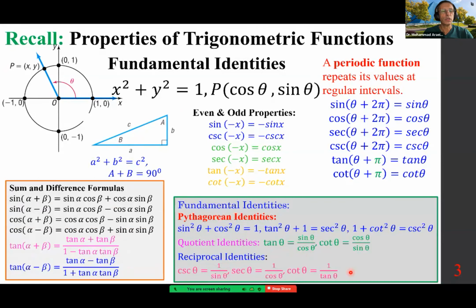Sum and difference formulas are discussed here. Sine of alpha plus beta is sine alpha cosine beta plus cosine alpha sine beta. Cosine of alpha plus beta is cosine alpha cosine beta minus sine alpha sine beta. And tan of alpha plus beta is tan alpha plus tan beta over 1 minus tan alpha tan beta. There are many formulas. Hopefully everybody remembers them.